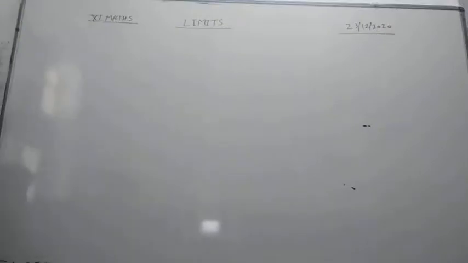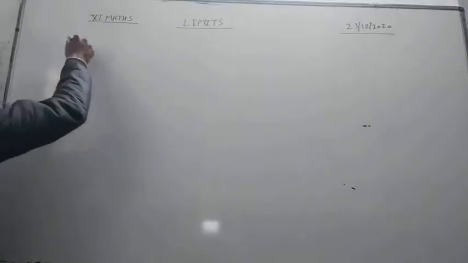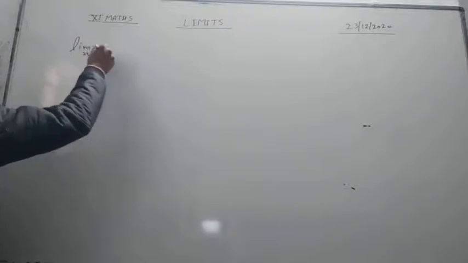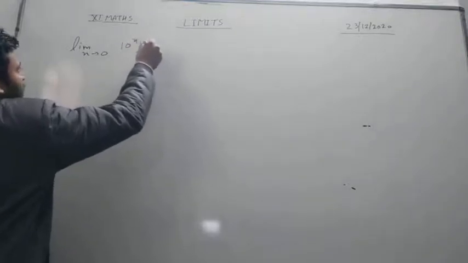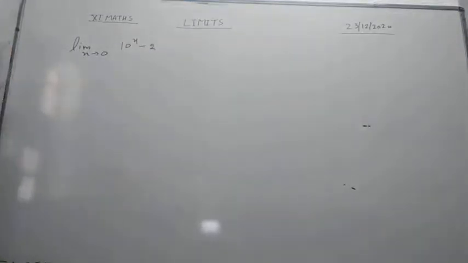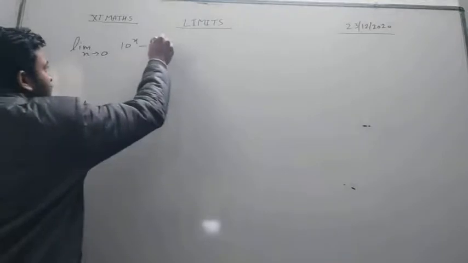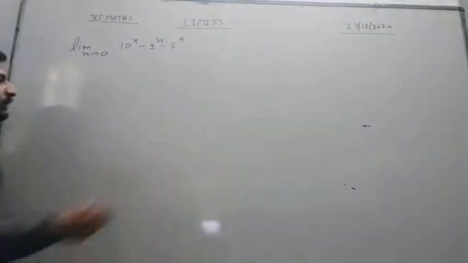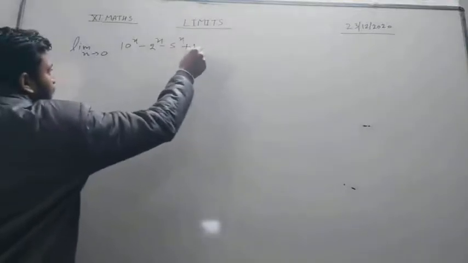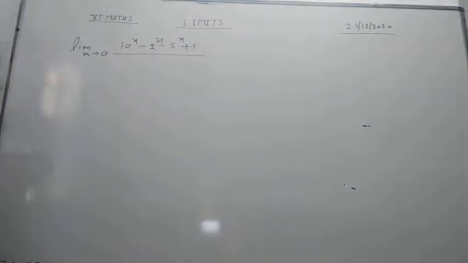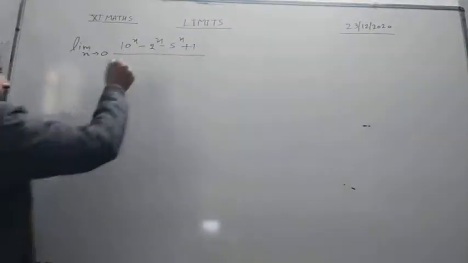Next question is limit x tends to 0, (10^x − 2^x − 5^x + 1) / (x tan x).